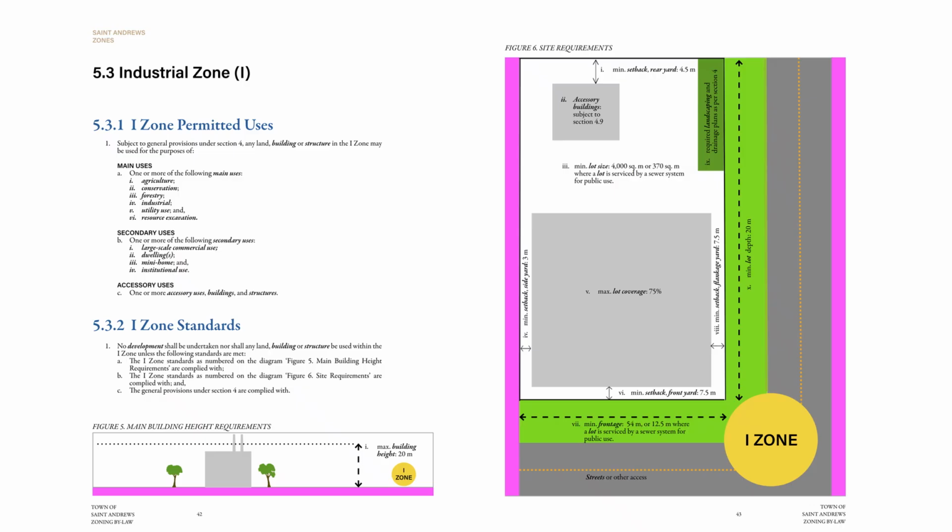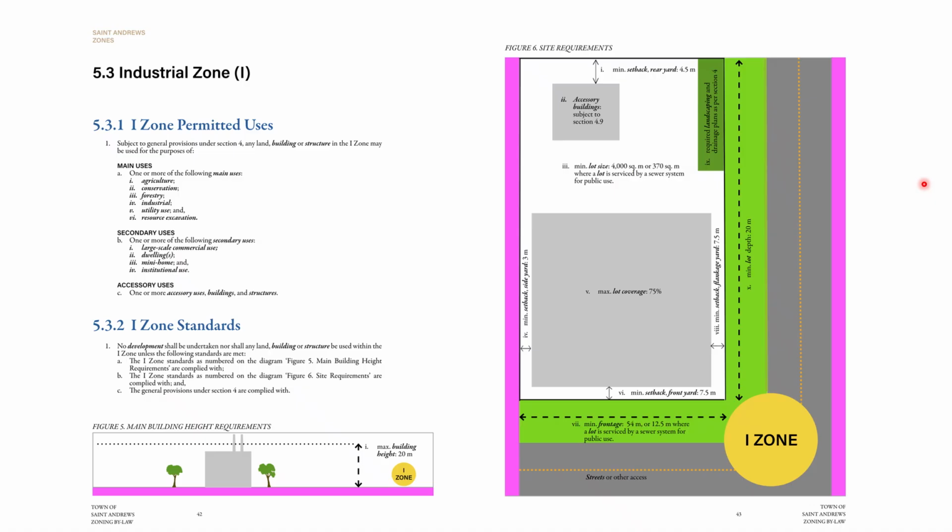So I think this is actually one of the more self-explanatory zones. Does allow for these more intensive uses like agriculture. Can also practice conservation there. Forestry. The industrial uses are generally expected to occur here. Utility uses are expected to occur, and resource excavation.